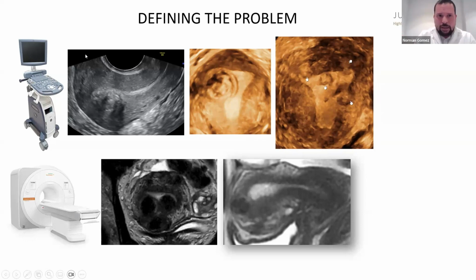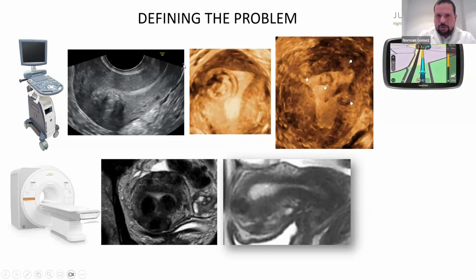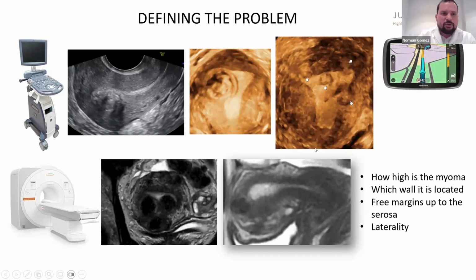So we need to take into account a lot of things, because the imaging technique will be our GPS inside the uterine cavity to solve the problem of the patient. We need to know how high the myoma is and which wall it is located in. It's not the same to have a myoma in the fundal area as in the lateral wall or the inferior part of the uterus.